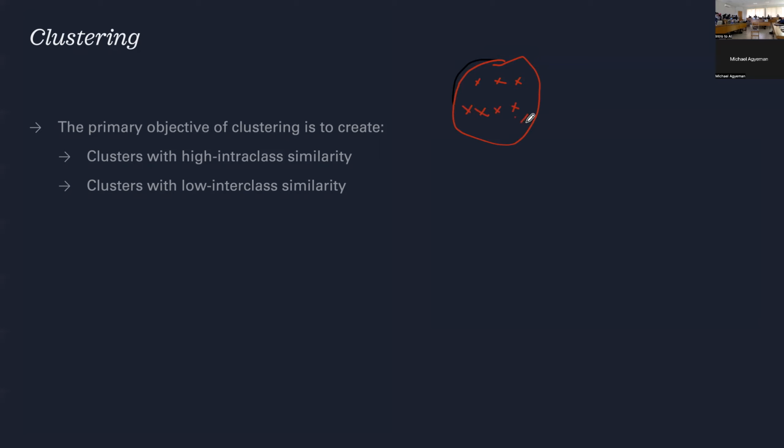Then for the ones that are dissimilar, between clusters, we want each cluster to be as different from the others as possible. So within a cluster, high intra-class similarity, and between the classes, we want low inter-class similarity. That's just our goal. Those are the two goals that we have.